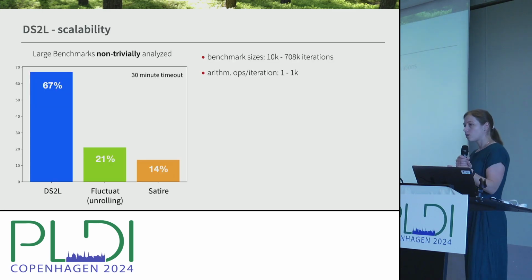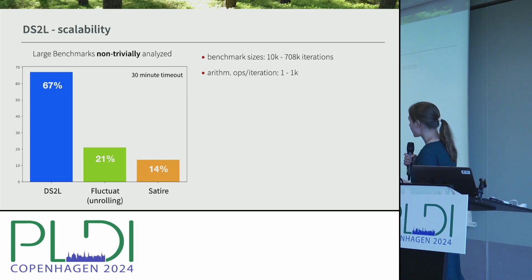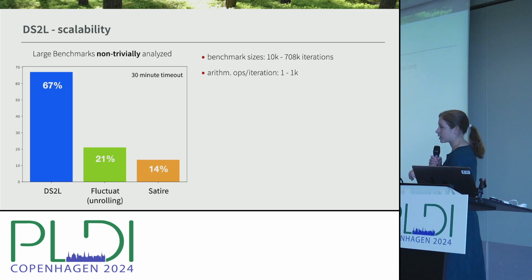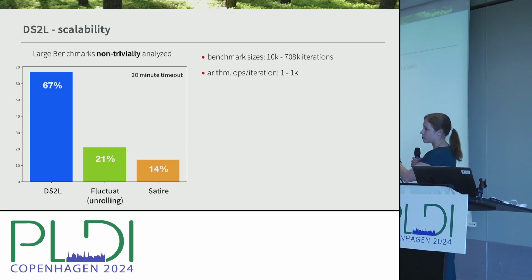So our main goal was scalability. So if you look at large benchmarks where basically the data structures are big, so we have to do large loops with many iterations up to 708K, then our approach basically handles many more of these benchmarks. So we can handle 67%, whereas the other two tools can do less than a fourth of these.